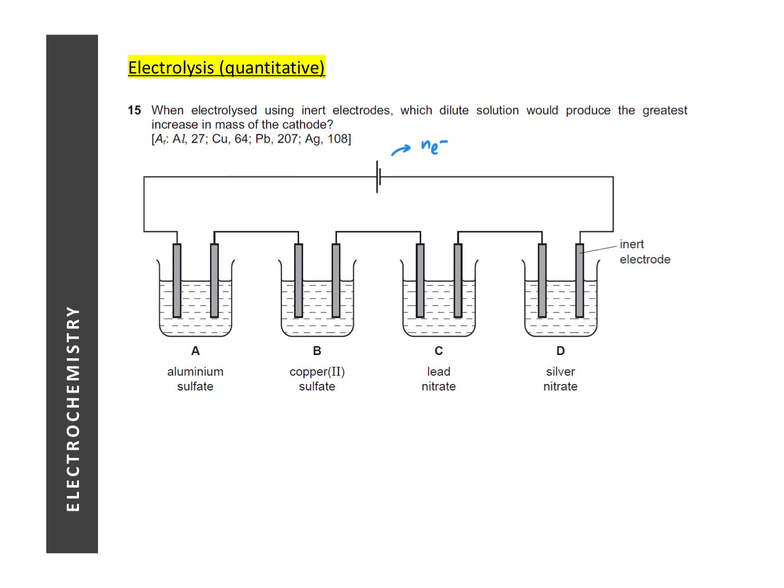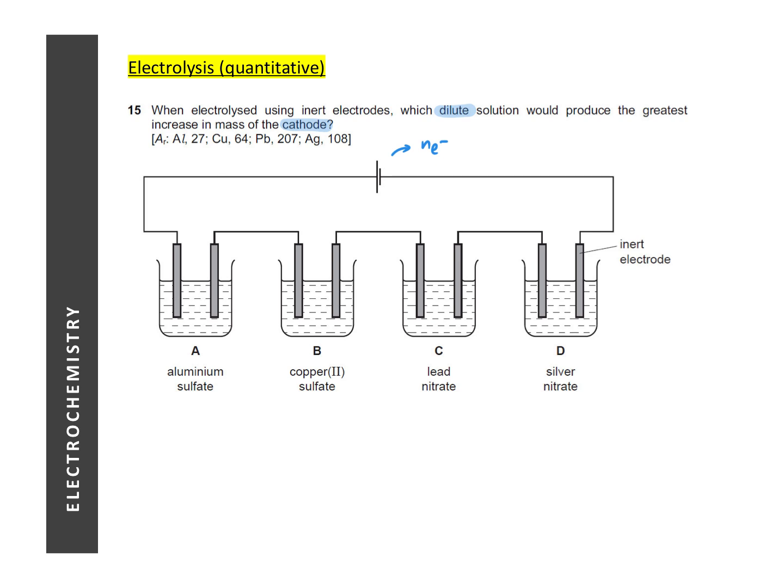Okay? Next, the question is asking which solution would produce the greatest increase in mass of the cathode. So remember, in order for the cathode to increase in mass, it is usually due to an ion being reduced at the cathode. And for any ions to be reduced at the cathode, it must be below hydrogen, because this is an aqueous solution.